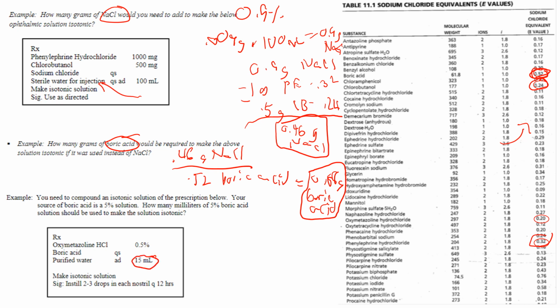We have 15 milliliters, which is our final solution volume. And then we have oxymetazoline, and instead of giving us a mass, it gives us a strength, which is fine because we can get mass from that. It's just an extra step to the problem. And then this one's boric acid as well. So this kind of has all the moving bits and parts.